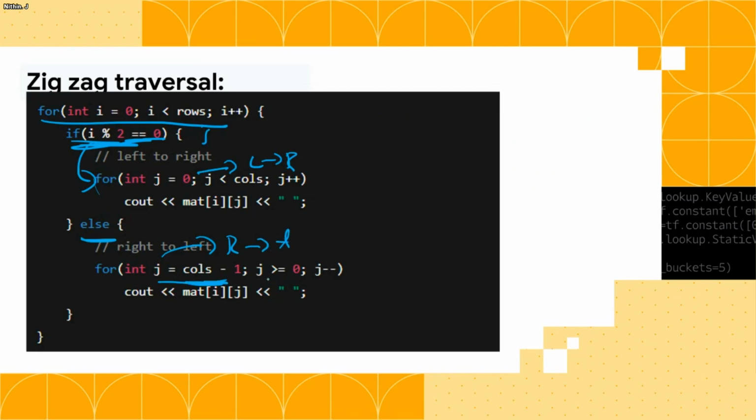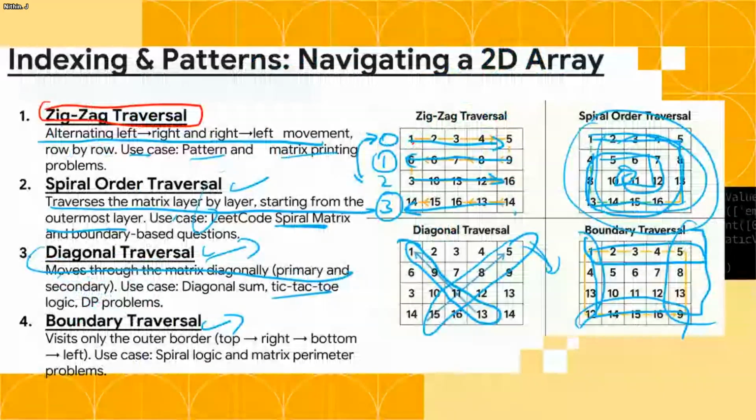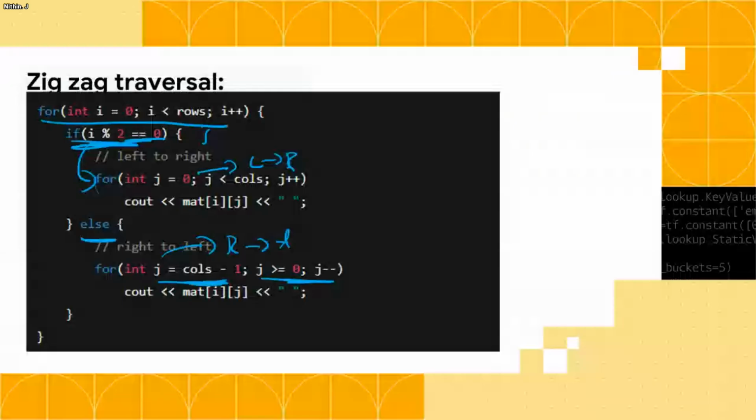And these are the codes for doing that traversal. Basically, I'm starting at the end of the column, then I'm going to move right to left, as I showed you guys in this example. So for odd indexes, I'm going to start from here and go from 9 to 8, 8 to 7, 7 to 6. So that ends your zigzag traversal.